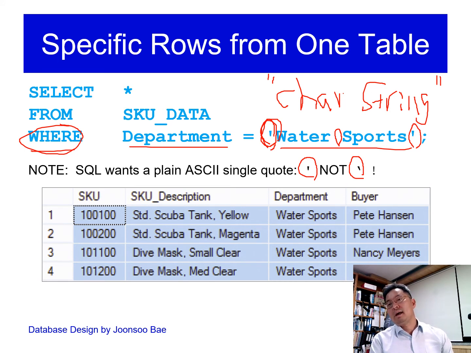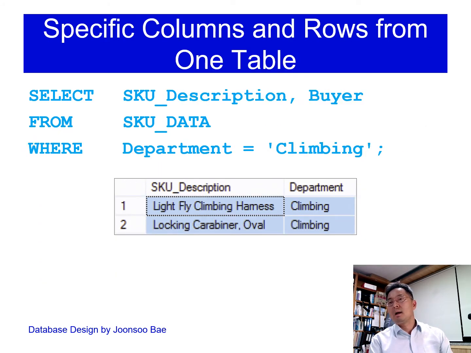Then the result will have only the water sports department. The 4 data were searched. And also you can specify some specific column names here instead of the asterisk, and also specify some conditions for the searching.